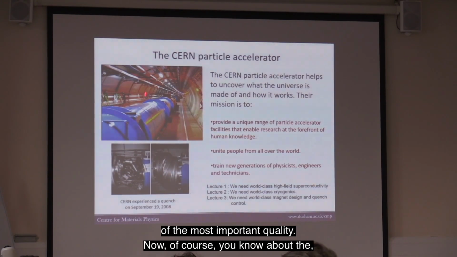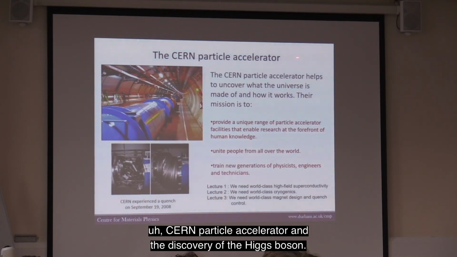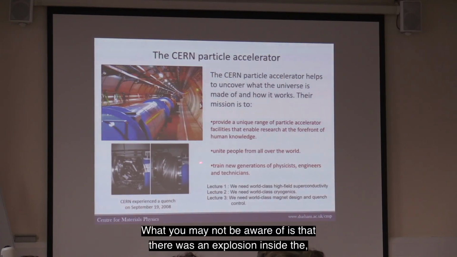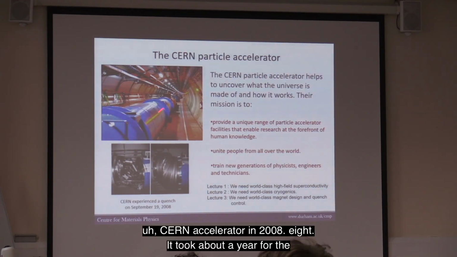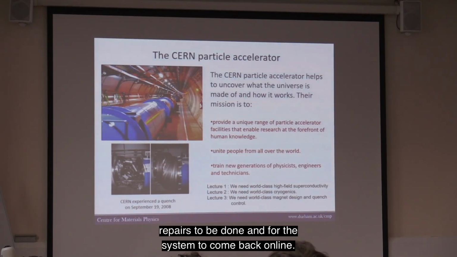Now, of course, you know about the CERN particle accelerator and the discovery of the Higgs boson. What you may not be aware of is that there was an explosion inside the CERN accelerator in 2008. It took about a year for the repairs to be done and for the system to come back online.